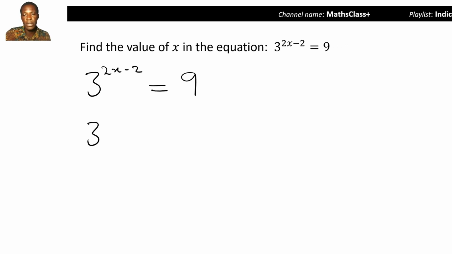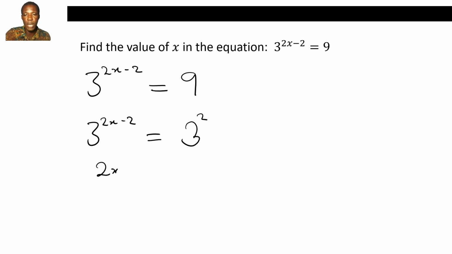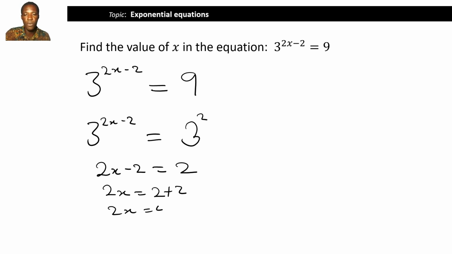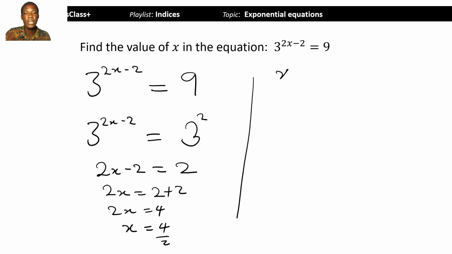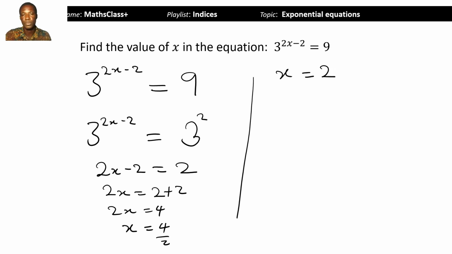So we have 3 to the power 2x minus 2 being equal to 3 to the power 2. That means that 2x minus 2 is equal to 2. So 2x here is equal to 2 plus 2. Our 2x is equal to 4. Our x is equal to 4 over 2. That means that our x is equal to 2.